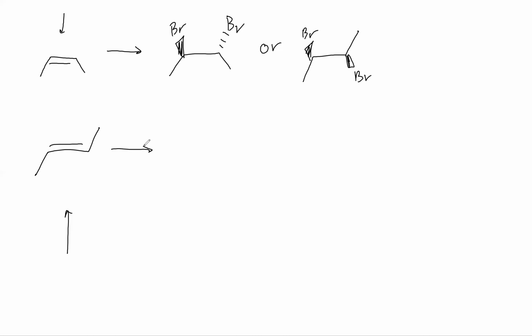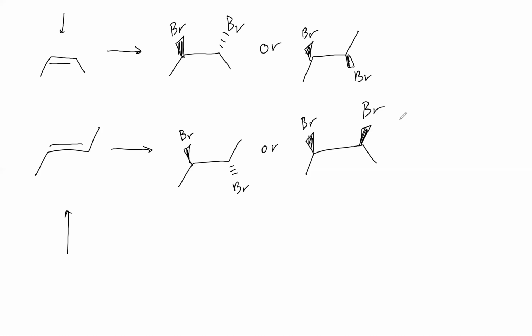If we have an anti-product with the bottom one, it's going to look like this or this. Okay, so we can see here that depending on the configuration of our alkene, that will change what our anti and our syn products are going to look like.